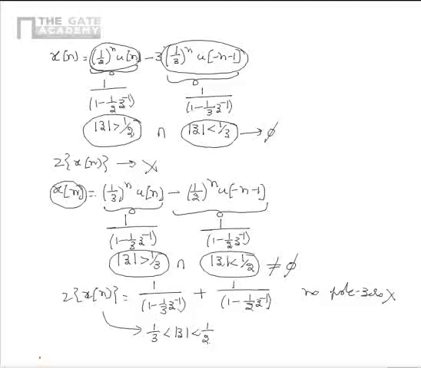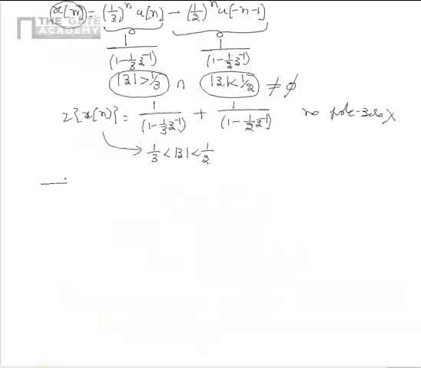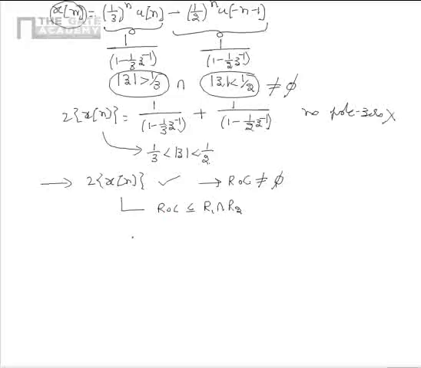So from this we can say that given the linear combination of two signals, the Z transform of x of n exists if the intersection of the ROCs of the individual signals is not equal to phi.